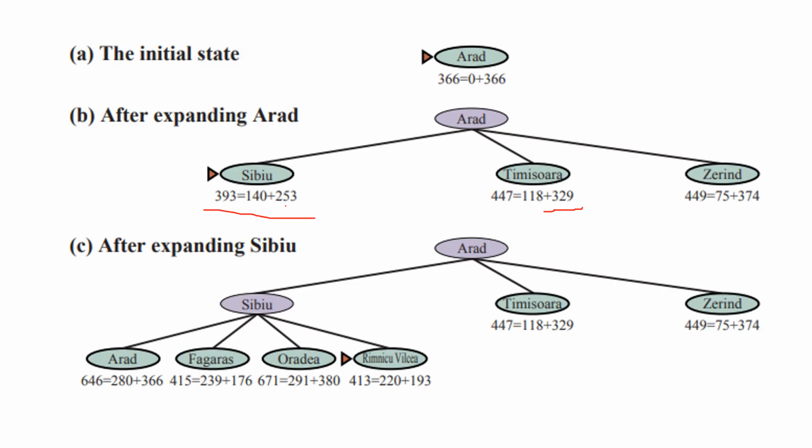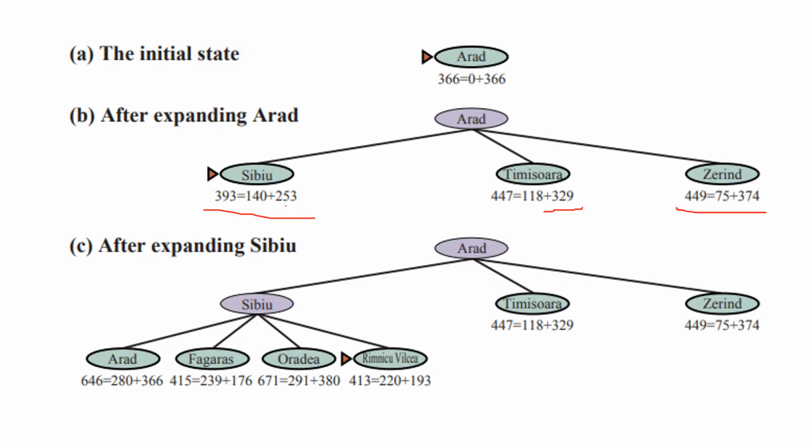So we calculate it as 447, and for Zerind also we will calculate g of n and h of n. That means we expanded Arad, the start node, and considered all the neighbors and calculated g of n plus h of n, that is f of n, for each node: Timisoara, Sibiu and Zerind. We can see that Sibiu has the lowest.